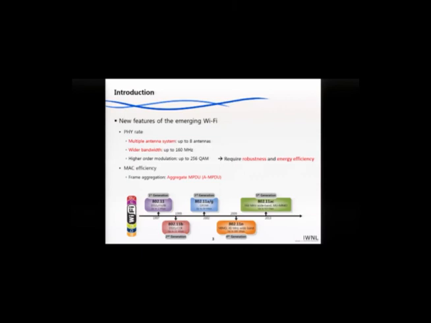If you take a look at the evolution of Wi-Fi, I don't know if you know, but Wi-Fi started in the late 90s, and it has been evolving. Starting from the original Wi-Fi 11b, a, g, n, and now we are using 11ac.